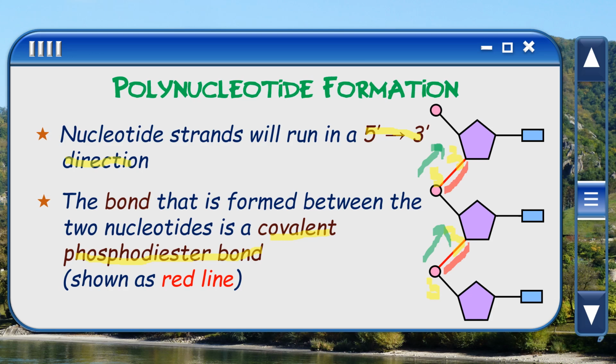It is the one which is formed between one nucleotide and another nucleotide. So that bond there is what we call the phosphodiester bond.